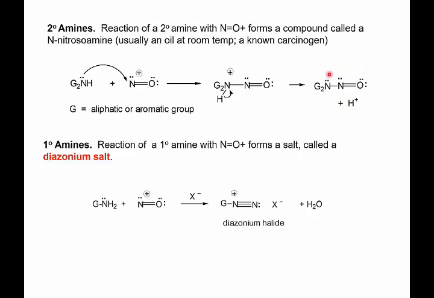Now, you want to be careful. I would recommend not making N-nitrosamine in the lab because it's a known carcinogen. You might have heard some publicity about the stomach medication Zantac that's used for acid reflux.